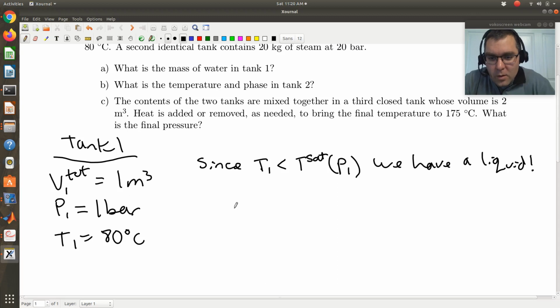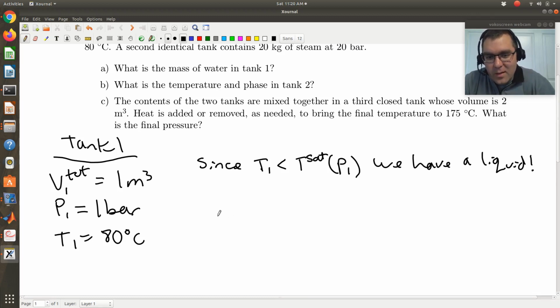Okay, so I need the specific volume. What I'm going to assume, as it's been mentioned in the book a lot, is that as long as you're removed from the critical point for condensed phases, most properties are relatively insensitive to pressure.